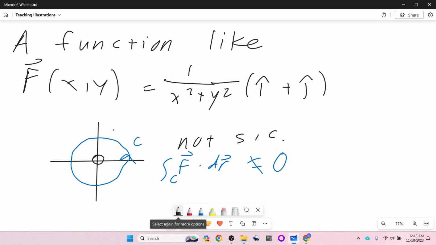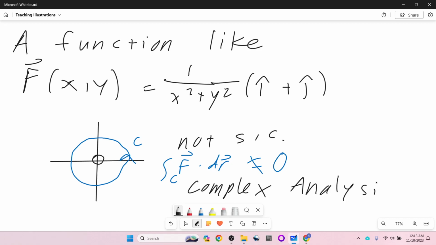Well, we'd have to check the conservative property first, but if it met the conservative property and there was no hole, it would be 0. But there is, and so that changes it. It's probably like 2 pi times something, because the number of radians around is 2 pi. This is getting a little far afield, but if you take complex analysis, which to my mind is the best course to take right after multivariable calculus, that comes up all the time. This sort of integral is a very common problem: what is the integral of a closed path when there's a hole in the middle?